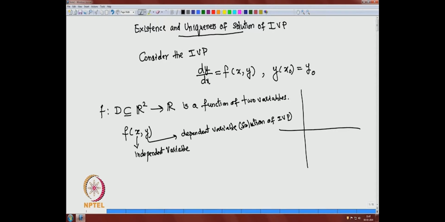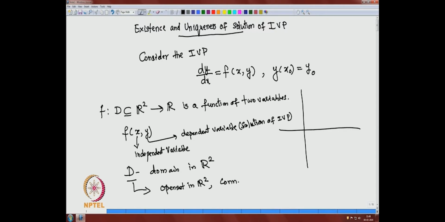So, f is defined on a domain D. By domain we mean D is an open set in R2 and also it is connected.